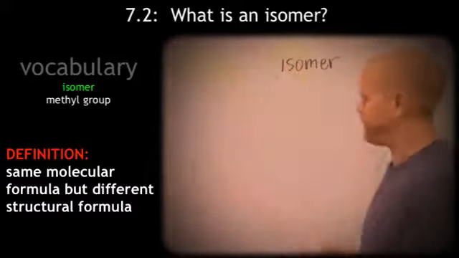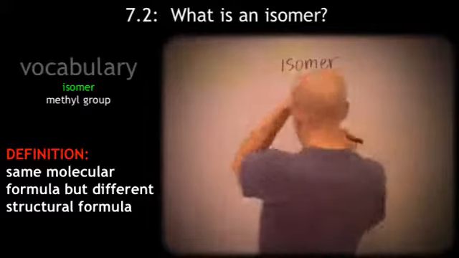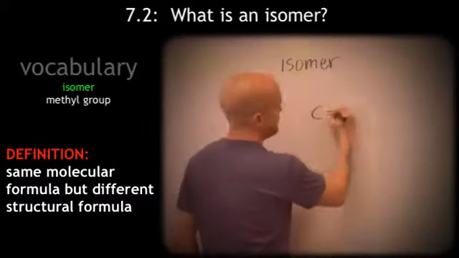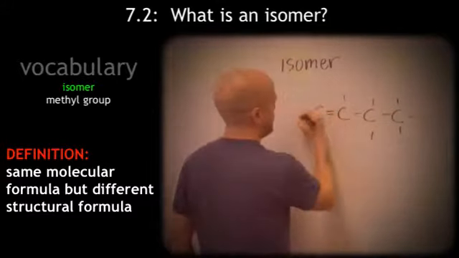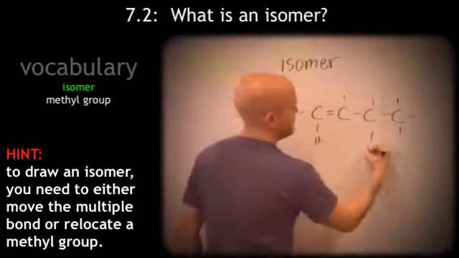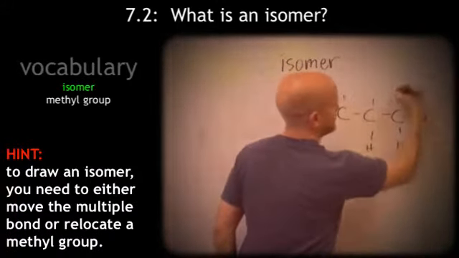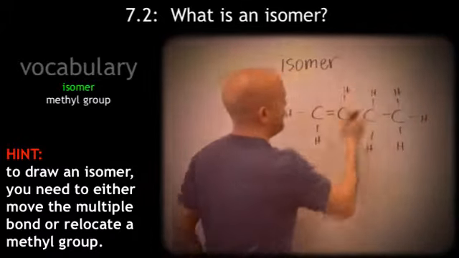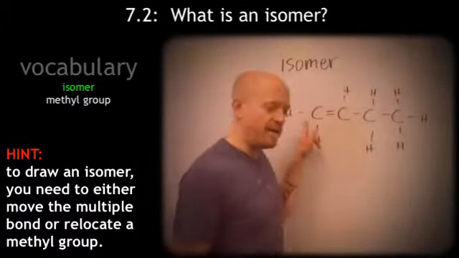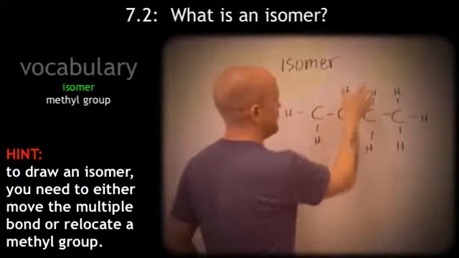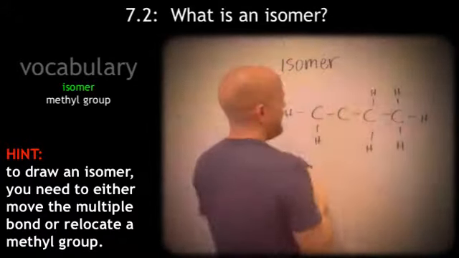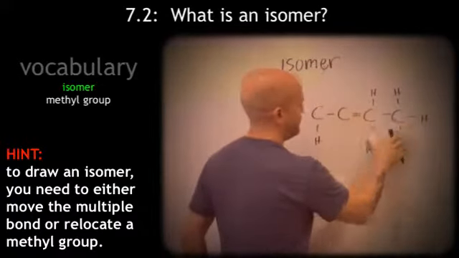Basically, I'll give you an example. Right now we have 1-butene, because remember the double bond is on carbon 1. But let's just say we took that double bond and moved it from carbon 1 onto carbon 2.